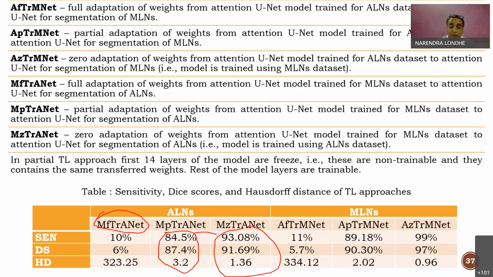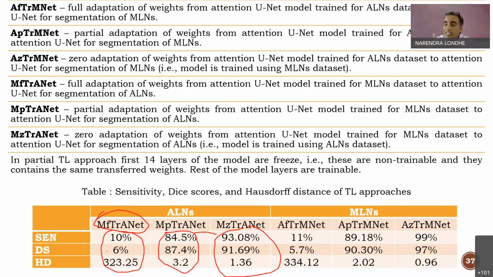And if I'm training with learning from the mediastinal lymph nodes and testing on the abdominal lymph nodes, my performance is coming very low. So what it is indicating is that I cannot detect the abdominal lymph nodes fully based on the learning from the mediastinal lymph nodes. That is not correct.